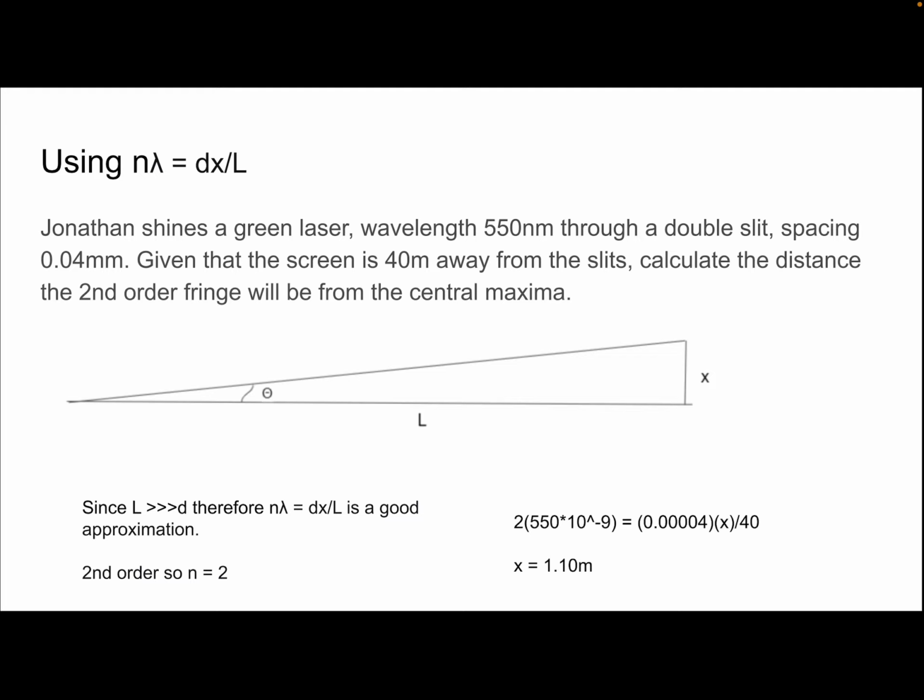That's our n lambda. And that's equal to our distance between the slits, which if we convert 0.04 millimeters to meters, we'll get 0.00004 meters, times the distance x between the second order fringe and the central maxima, divided by the length, which is 40. If we rearrange to find the distance x, we will find that the distance from the central maxima to the second order fringe is about 1.1 meters.